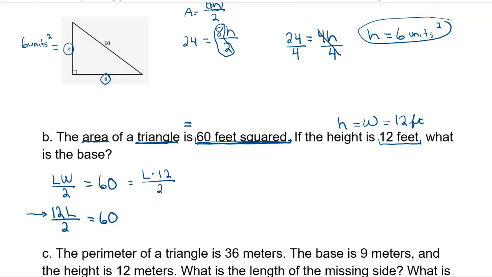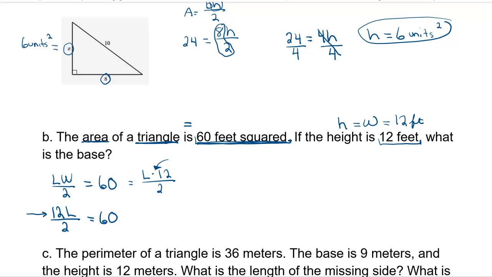So the top way, the L times 12 divided by 2, is not wrong. However, your brain may look at that and say, oh my gosh, I've never seen that before. I don't know what to do. Well, you're right. Maybe you haven't seen it that way. And that's okay. You can rewrite it into a format that you are more familiar with. And again, because of the commutative property of multiplication, you can make that switch. Okay, so just something to be aware of there.